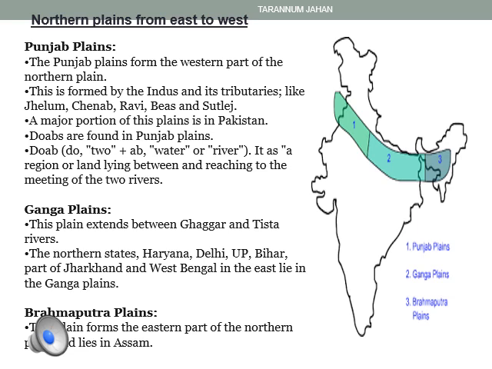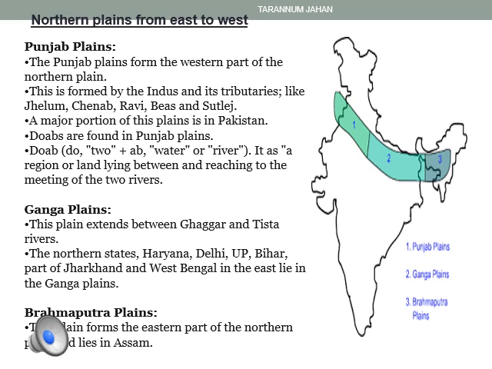The Punjab plain forms the western part of the northern plains. It is on the west side where Punjab is. It is formed by the river Indus and its tributaries. The river which is flowing is the Indus, and the tributaries, the different streams and channels flowing out of it, form this Punjab plain.